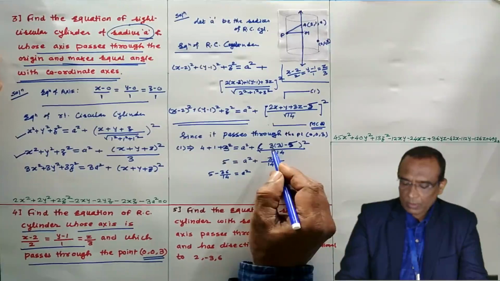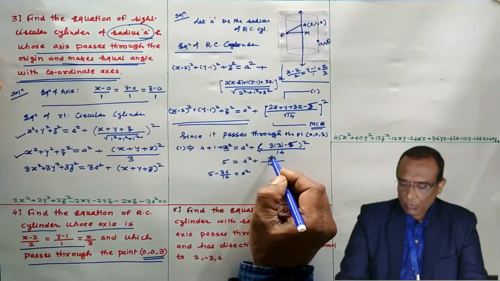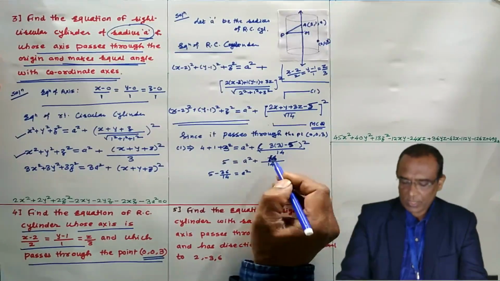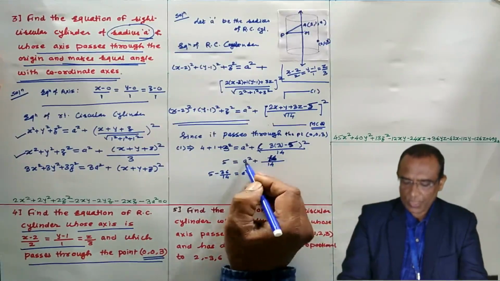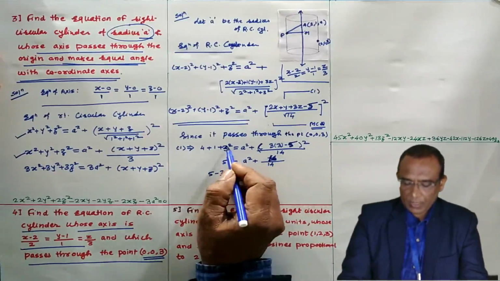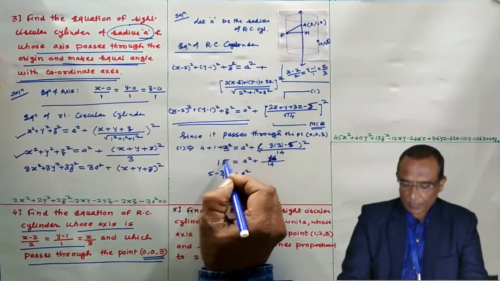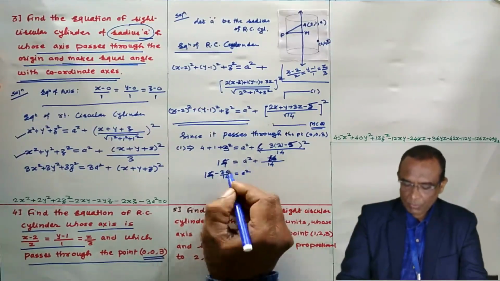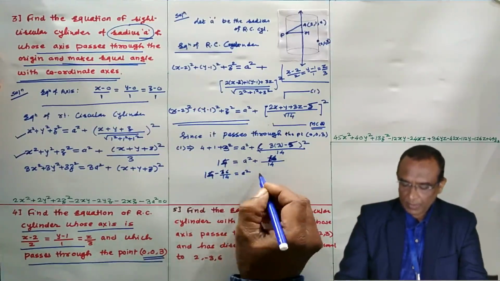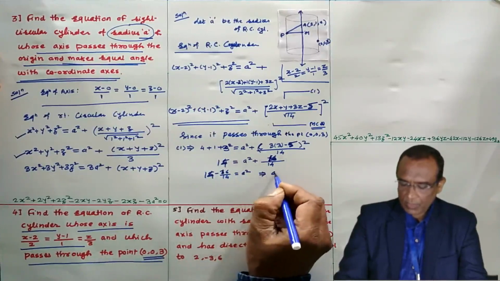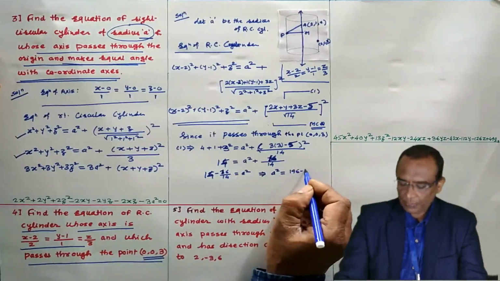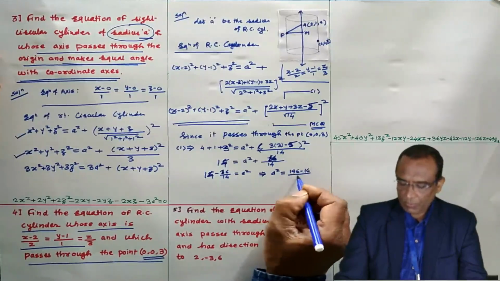Now, 9 minus 5 is 4. Square means 16. 4 square is 16. 16 by 14 plus a square, and here this is 14. Now 14 minus 16 by 14 will be, this implies a square equal to 196 minus 16 by 14.